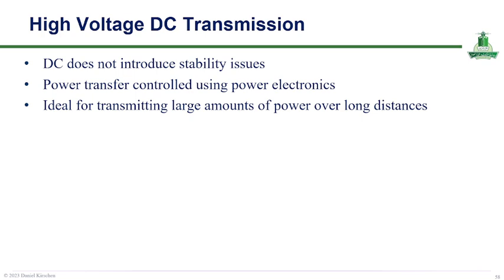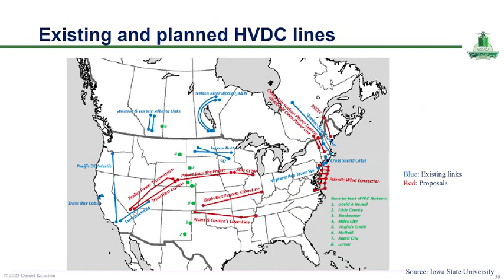The transmitted power can be precisely controlled using power electronic converters, allowing fast and flexible operation of the system. HVDC transmission is therefore highly suitable for transferring large amounts of electrical power over very long distances with lower losses, improved controllability, and enhanced overall system stability.